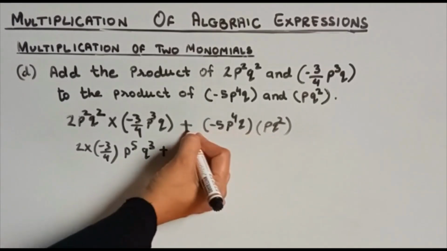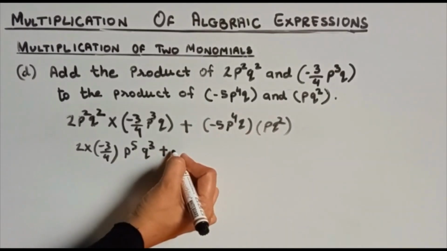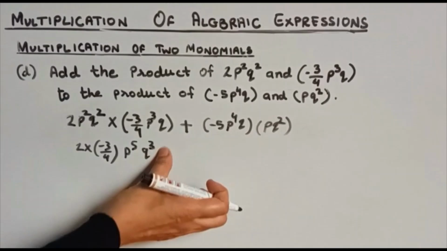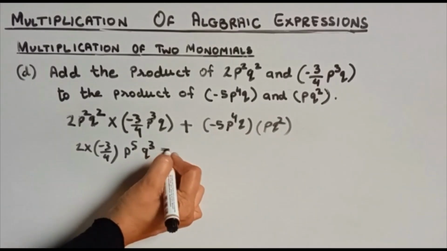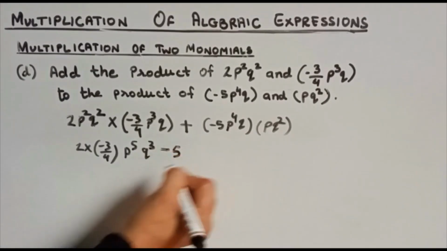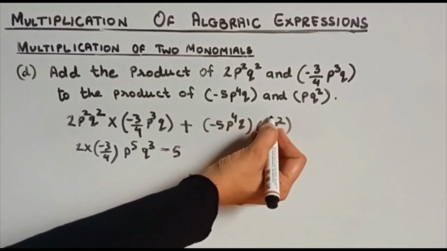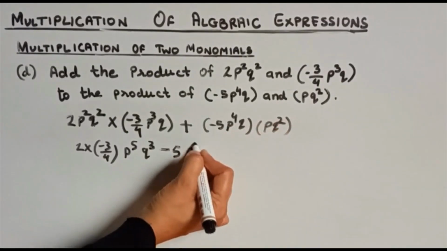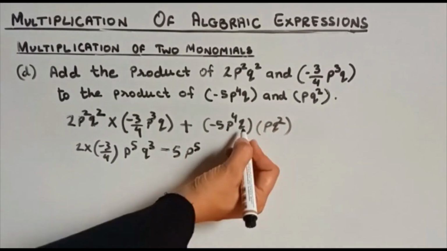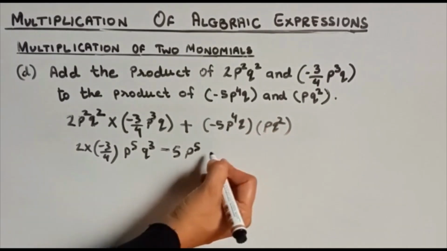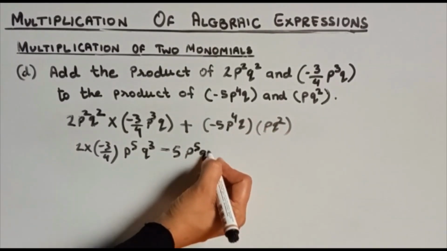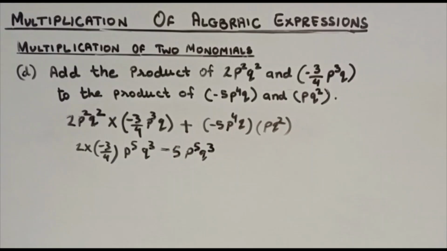Plus minus, minus. So instead of writing this plus sign, I am writing here minus 5, p raised to 4, p raised to 1. So this will become p raised to 5, q raised to 1, q raised to 2, so this will become q raised to 3.